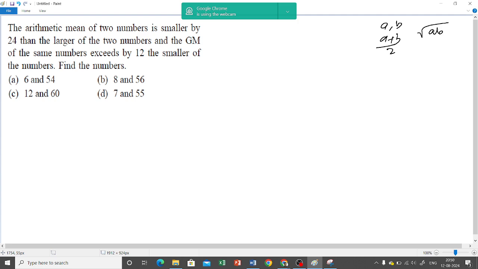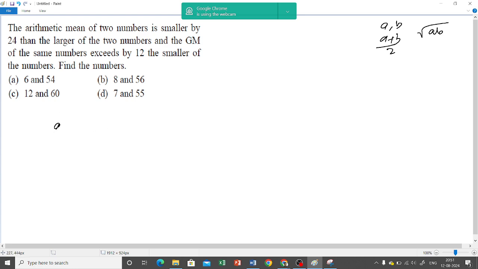Let's try out this sum. Okay, the arithmetic mean of two numbers is smaller by 24 than the larger of the two numbers.